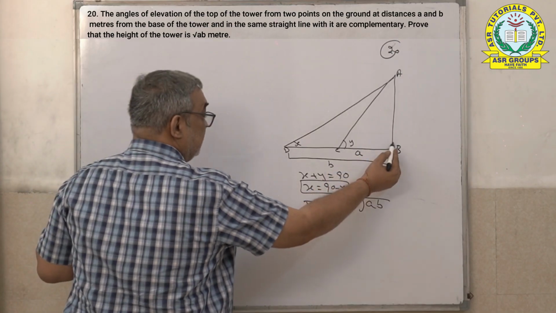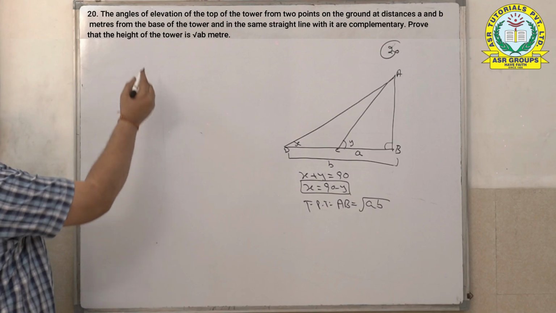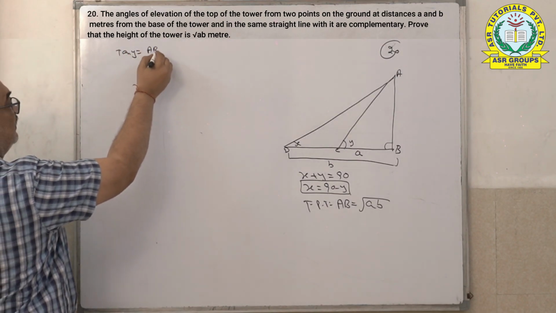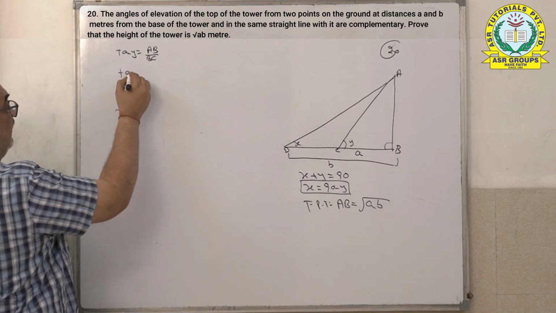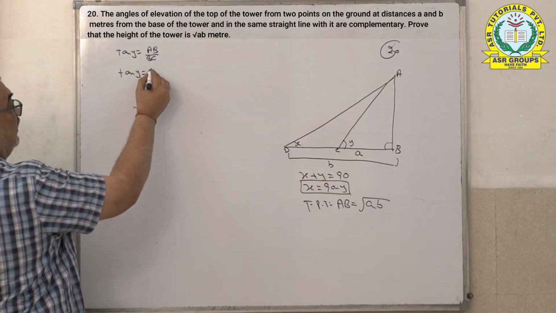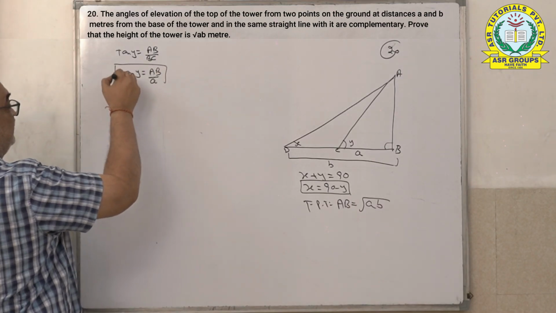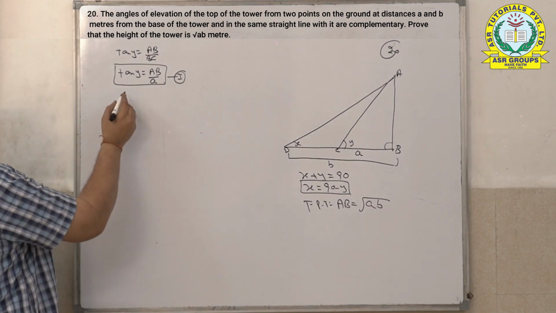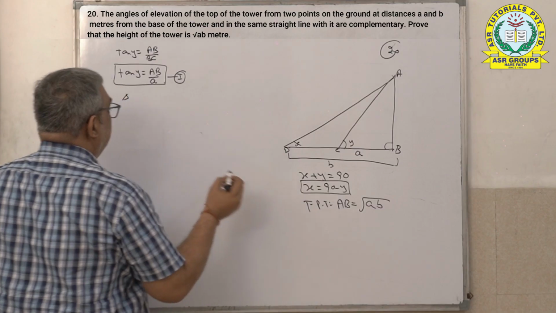This is 90. Now we use tan y. Tan y is AB upon BC. Tan y is AB upon a. This is equation 1. We'll take triangle ABD.